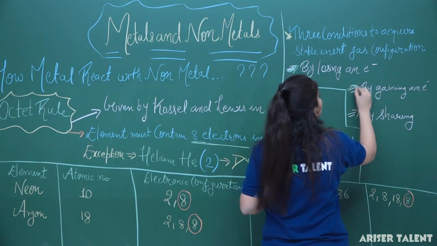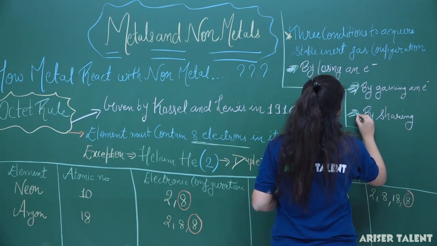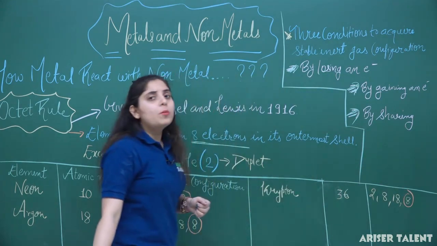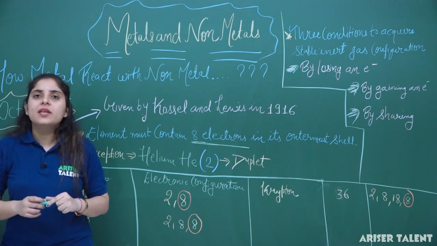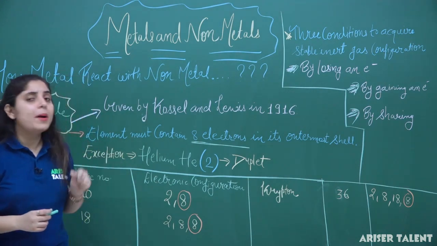So these are the 3 basic methods by which any atom or element can achieve the noble gas configuration or the inert gas configuration: by losing an electron, by gaining an electron, or by sharing.